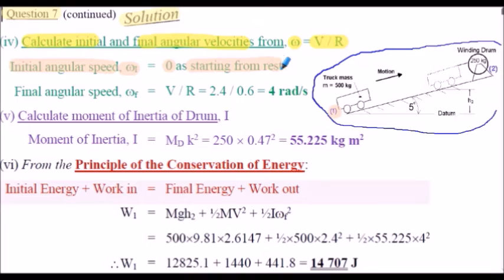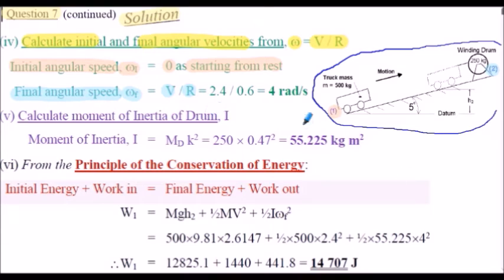So if the linear speed is 0 at the bottom of the incline, then the angular speed of the winding drum that's pulling up the truck must be 0. And then the final angular speed of the winding drum, omega f, when the truck has been pulled to the top of the incline, will be the maximum linear velocity at the top of the incline, v, divided by the radius of the drum, r.